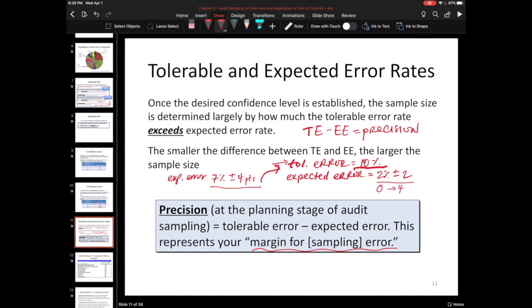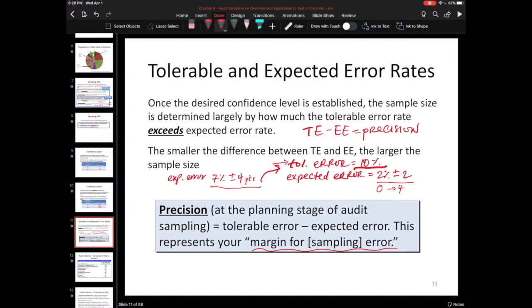So because of that, you would want to be much more precise in your sampling. If you think about it, we have a much smaller margin for error, so I want to be much more precise. And basically what this translates to then is I'm going to want to draw a much larger sample to get myself comfortable with the idea that my sample is truly representative and I'm not having heightened risk of incorrect rejection or incorrect acceptance.